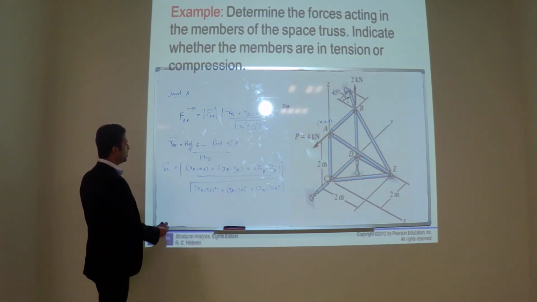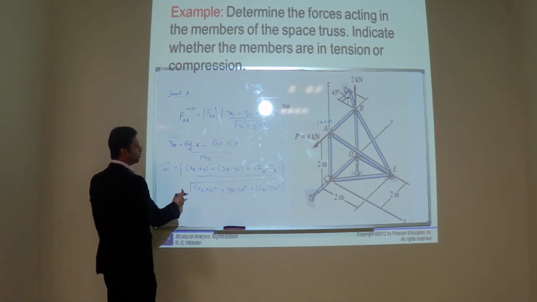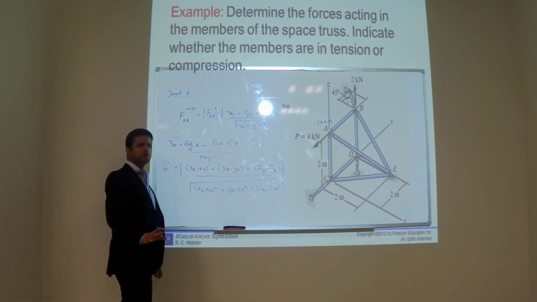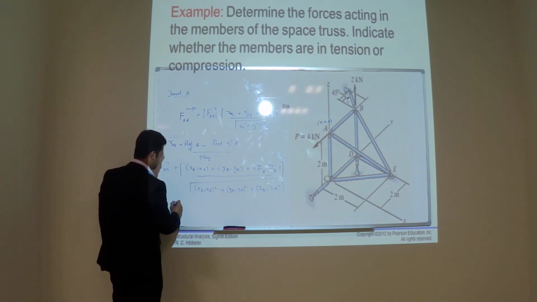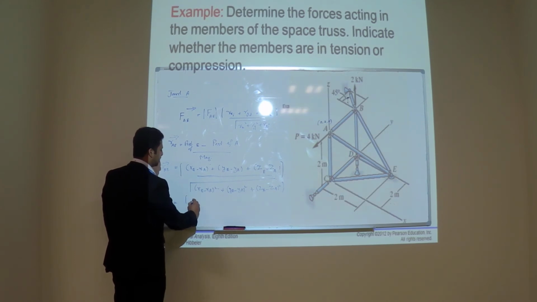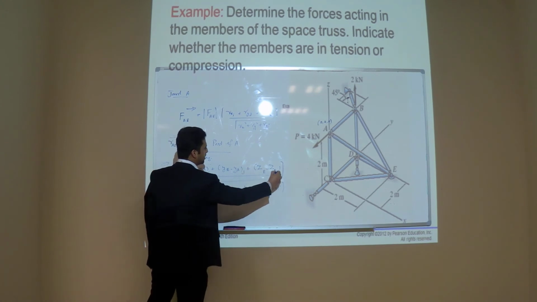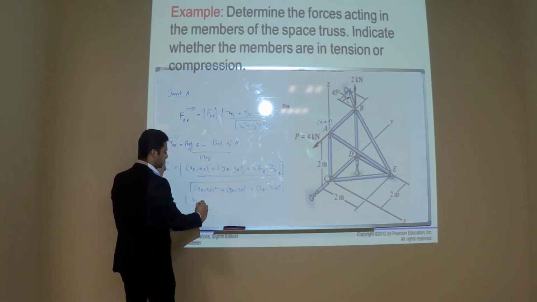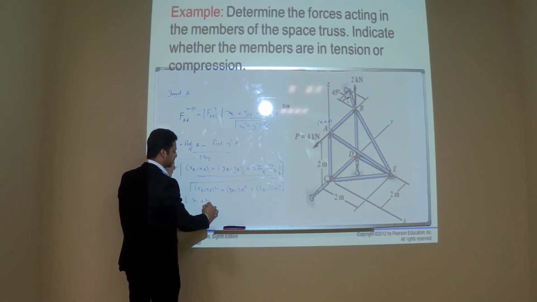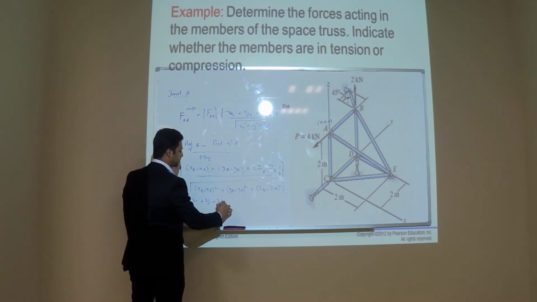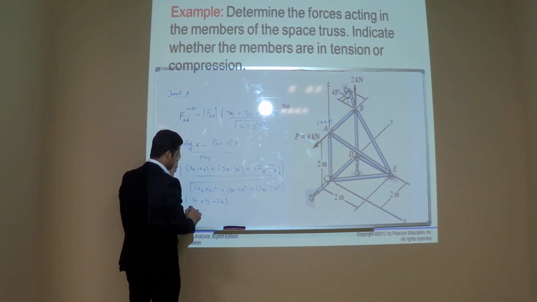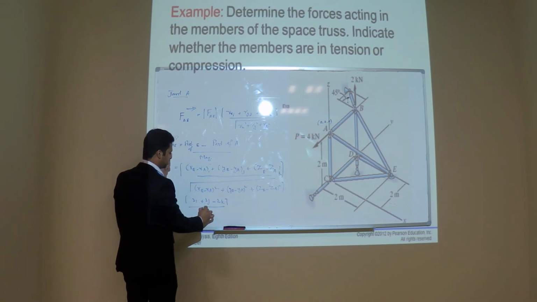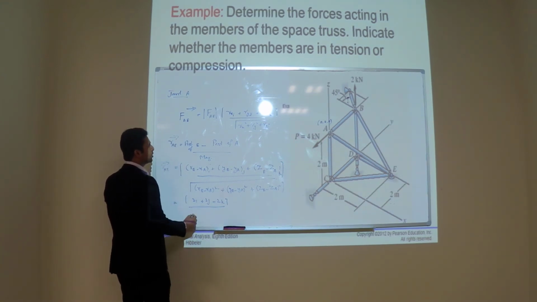Okay, let's put the coordinates. X, y, z, you already put them as 0. So I can say 2i, this is j and this is k: 2i plus 2j minus 2k, divided by the square root of 12.